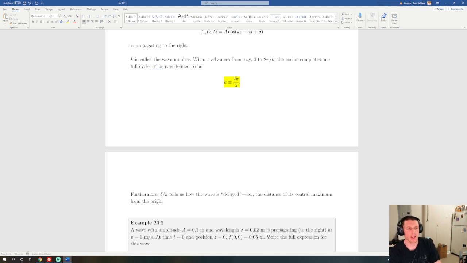Because this would occur at z equals 0 for a pure cosine, where there's no phase constant in there.